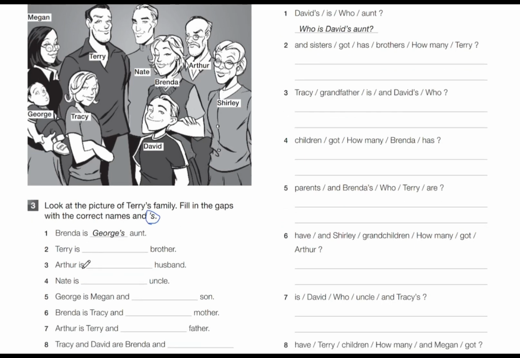Great. So Brenda is George's aunt. So we've got Brenda and George. The relationship between Brenda and George. Brenda is George's aunt. Now we've got here Terry, brother.